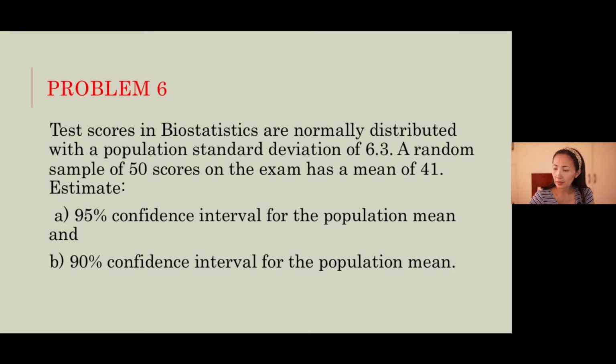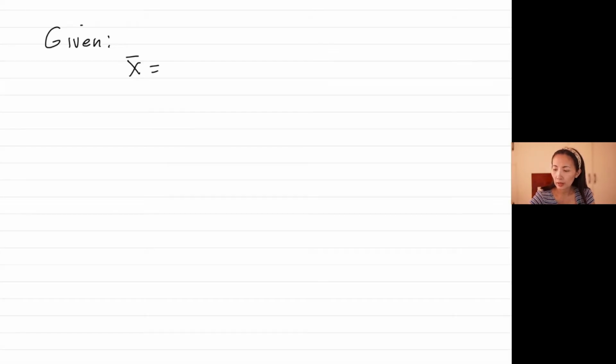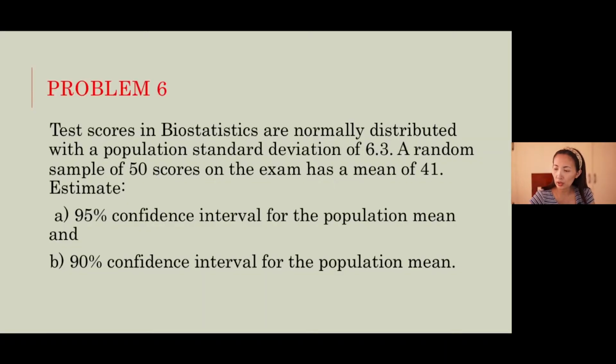So let's identify the givens in the problem. What are given in the problem? Okay, the problem gives us the mean. The mean is 41. So let's write down 41. The population standard deviation is 6.3.